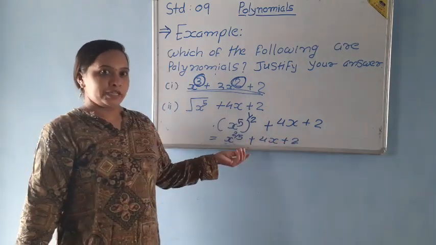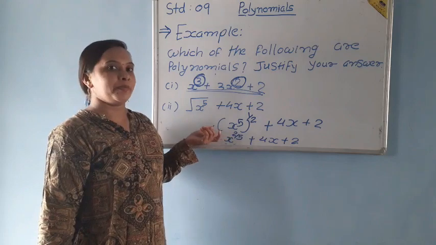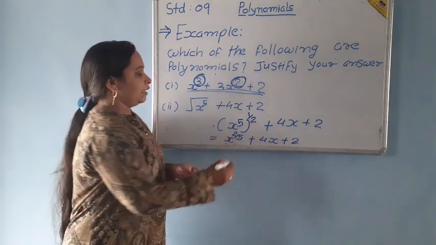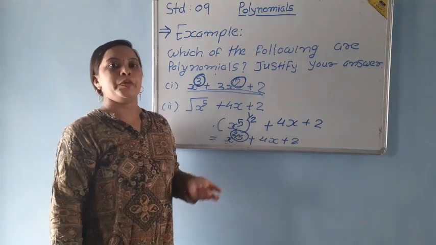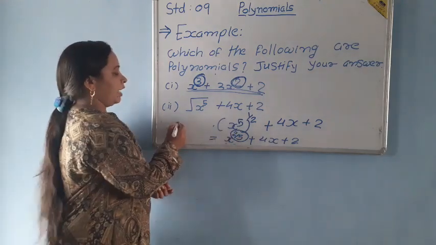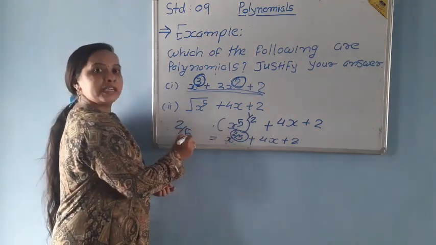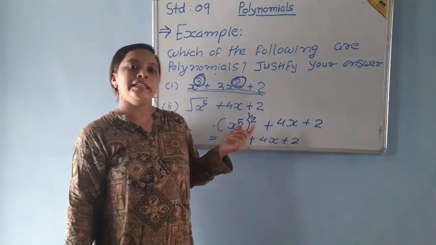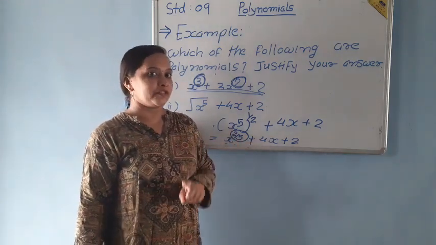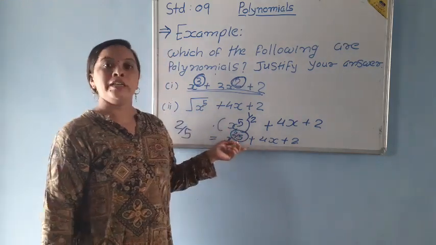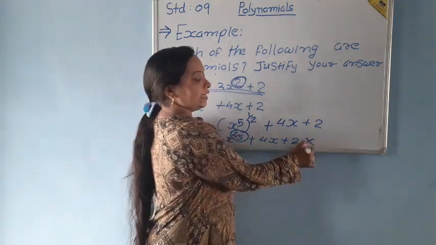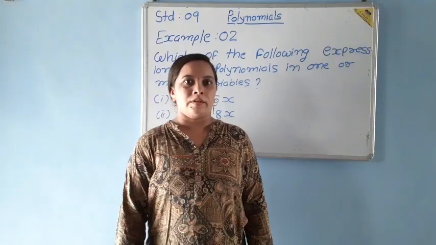Look, students, here the variable x does not have a non-negative integer as an exponent. 5 by 2 is not an integer, and that's why the given expression is not considered a polynomial.